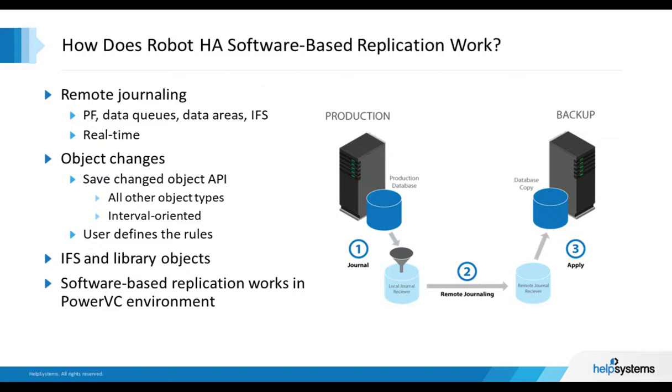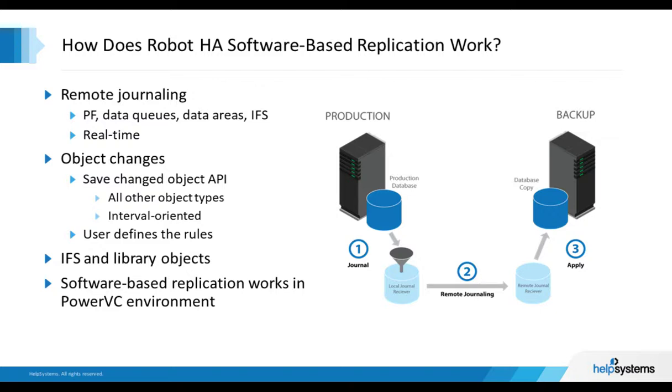You also have program objects, job descriptions, user profiles, and other things that you're going to periodically pick up. The software vendors out there either use save change object APIs like we do in the Robot HA product, or they might use QAudit journal to be able to replicate objects across your network. They'll read that and determine what's new and how they move them around.